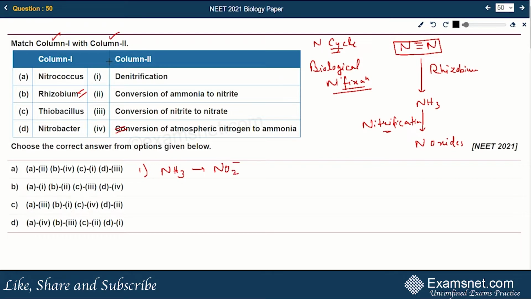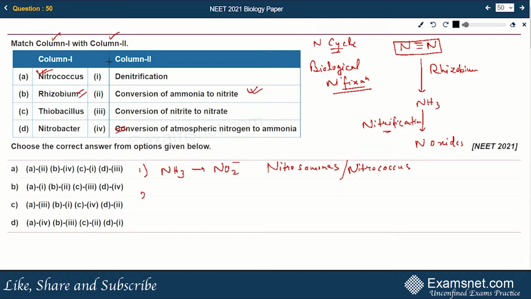Some of the bacteria involved in this are Nitrosomonas and Nitrococcus. You will see here Nitrococcus is mentioned. So what will be the process here? Conversion of ammonia into nitrite.